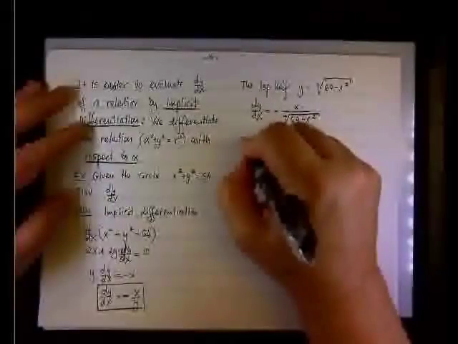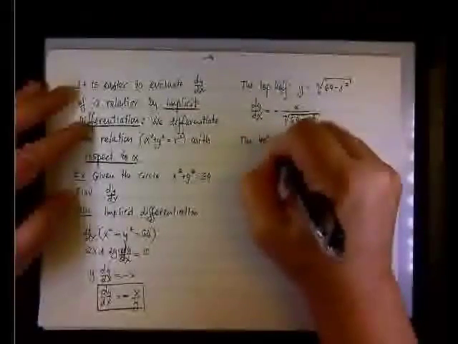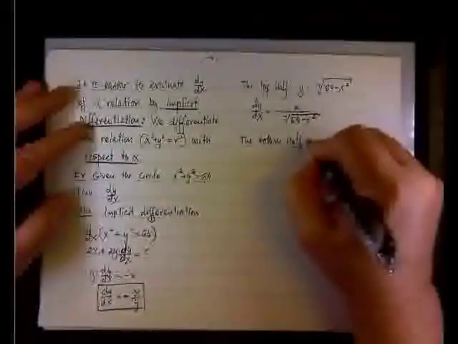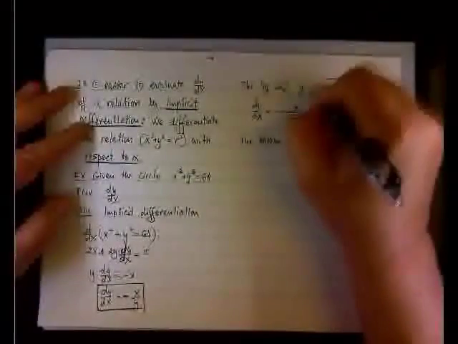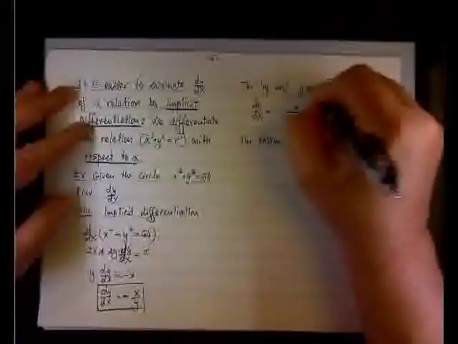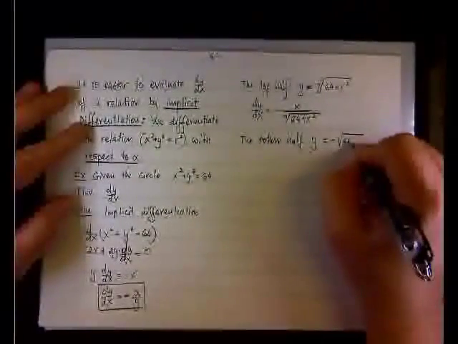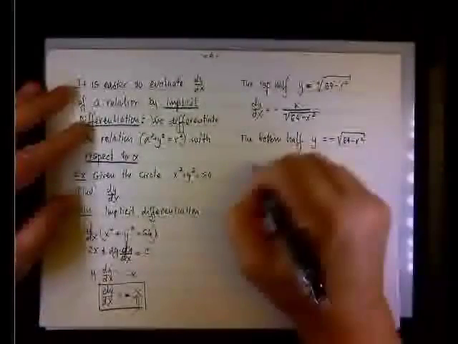The bottom half, y equals negative square root of 64 minus x squared.